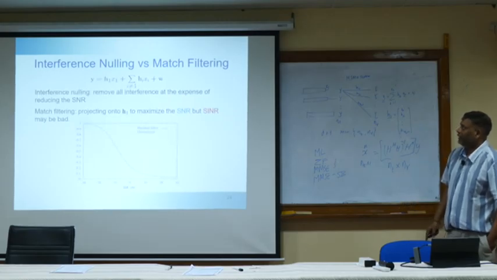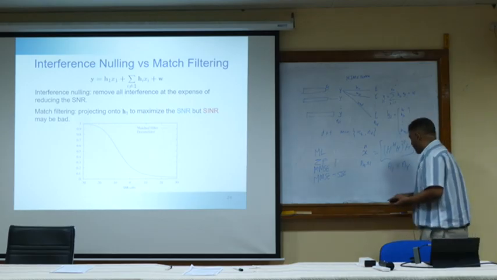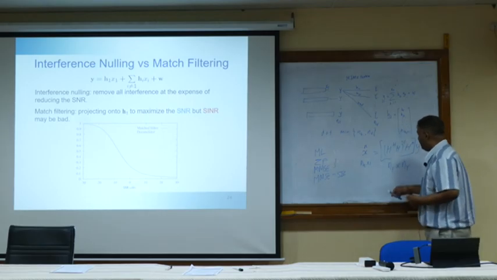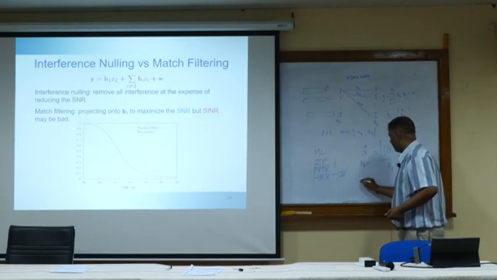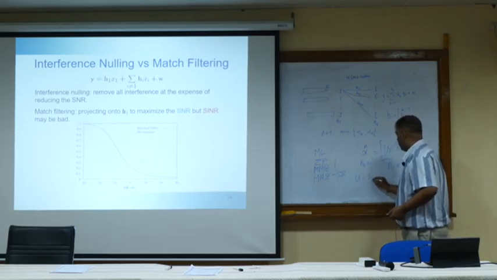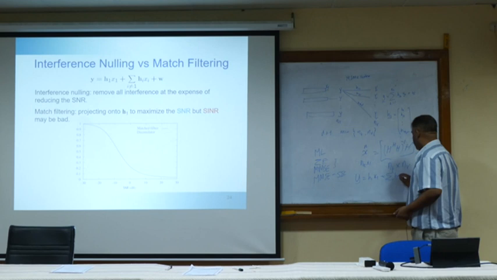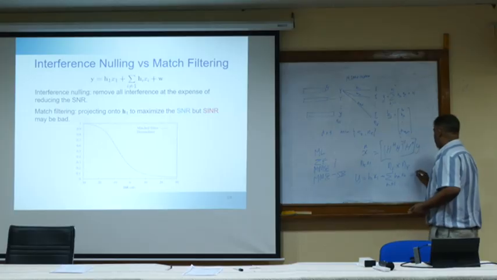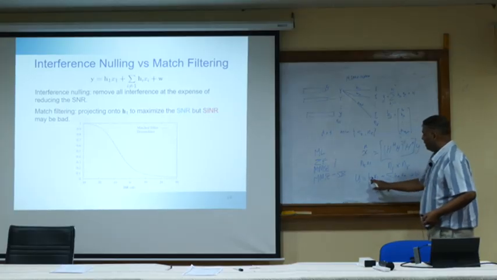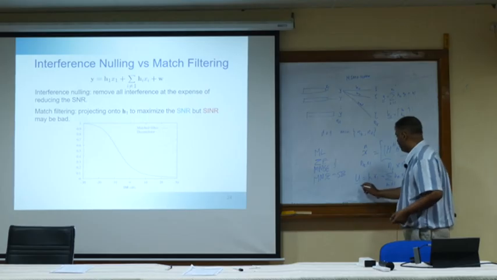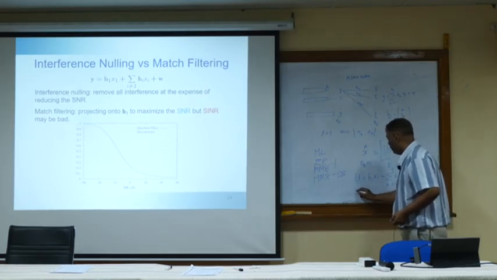This is interference nulling versus matched filtering. We saw matched filtering last time. If you have a received signal Y equal to H1 X1 plus the summation of HK XK, K not equal to 1, plus W, then you can use a matched filter that I explained to you last time. What you do is multiply the received signal by H1 conjugate and divide by its magnitude.